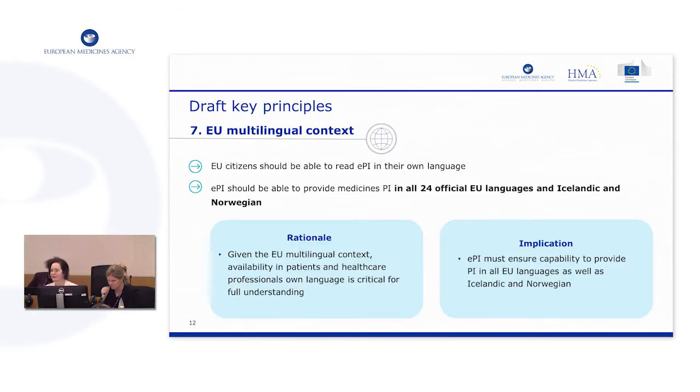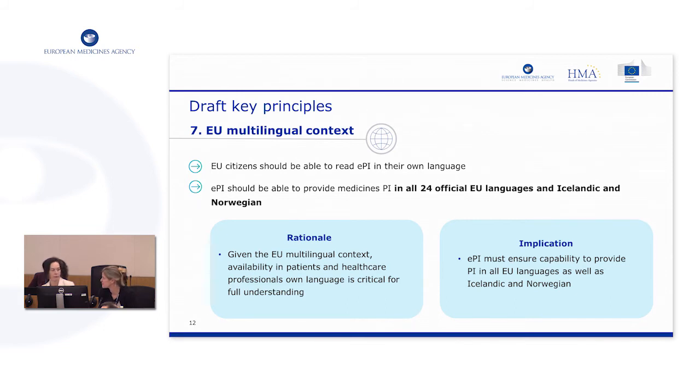Key principle number 7 refers to the multilingual context, even if we commented before. I think the idea here is that EU citizens should be able to read electronic product information in their own language. So we should be able to provide medicines product information in all 24 official languages and Icelandic and Norwegian.